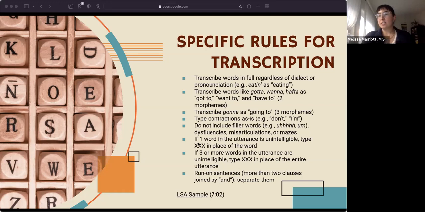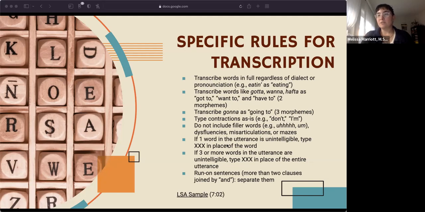Okay, so for intelligibility, what do I do? If there is one word in the utterance that was not intelligible, I'll type a series of X's to just replace that one word. But if I get to a point where there's 3 or more words in the utterance that are unintelligible, or I can't tell how many words I missed, that's when I would replace the entire utterance with a series of X's.